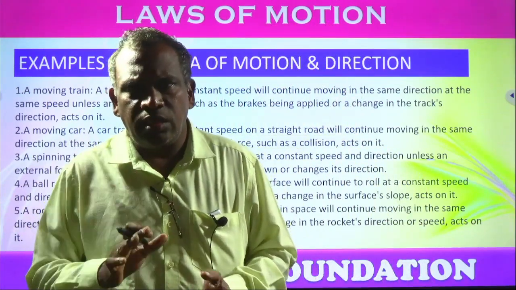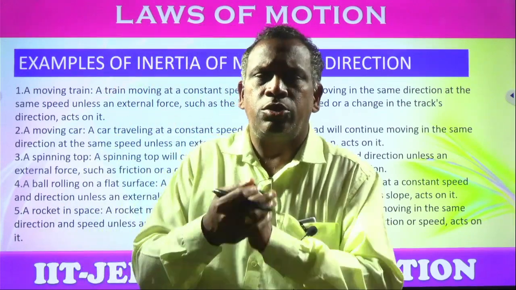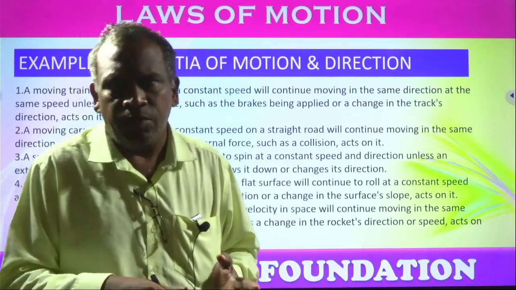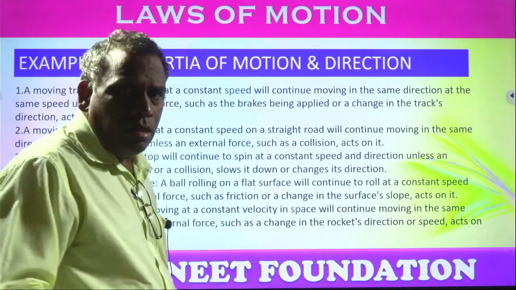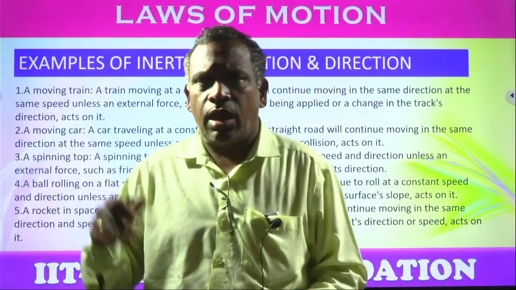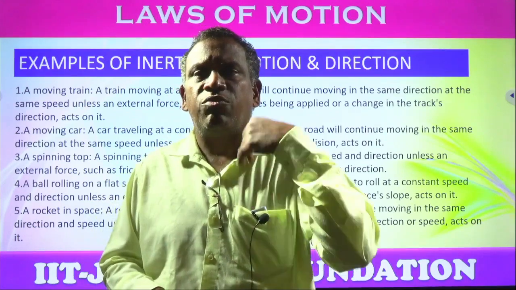Once an object is set in motion, it remains in motion unless some force acts on it. For example, when you are in a moving bus and suddenly the driver applies the brakes, you move forward.